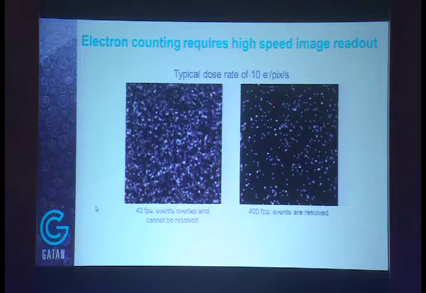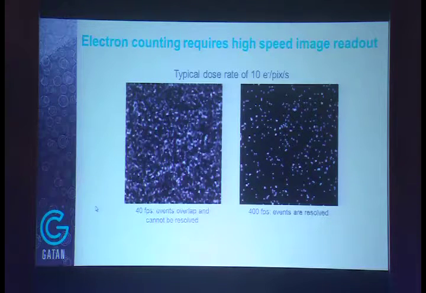So if we have a fixed dose rate, a fixed rate at which the electrons are raining onto the sensor, and a camera that's running very, very fast, at 400 frames per second, we get a result that looks something like this. Whereas under the same conditions, with a sensor running at 40 frames per second, we have a result that looks something like this.